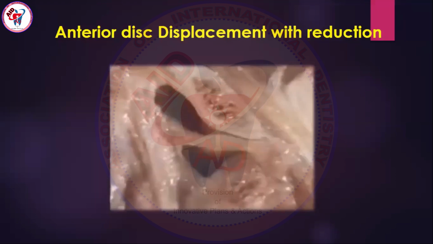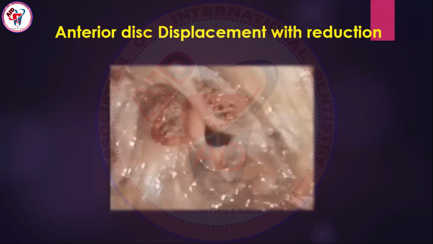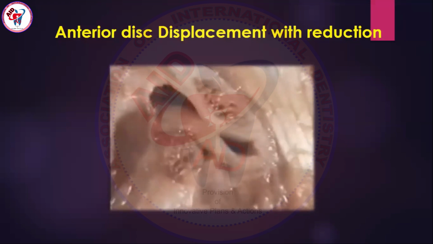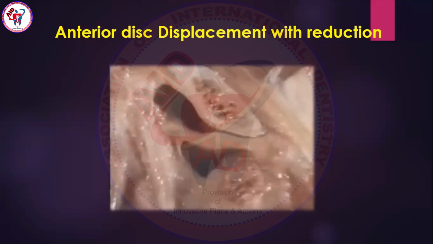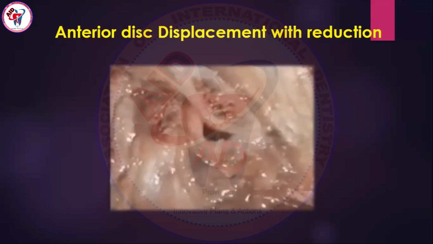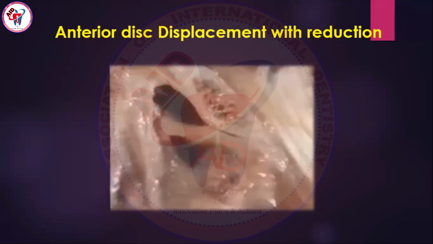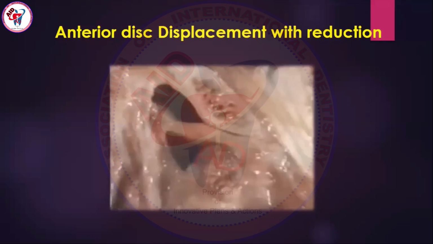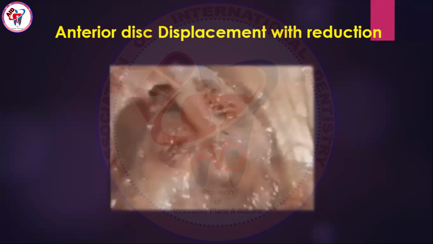Though the disc is within the joint and following the joint movement, it is not oriented with the joint movement. It does not stay on the head of the condyle. Either it moves forward or it moves backward. So it does not attain the orientation of the temporomandibular joint structure, and it does not obey the laws of the opening and closing movement.